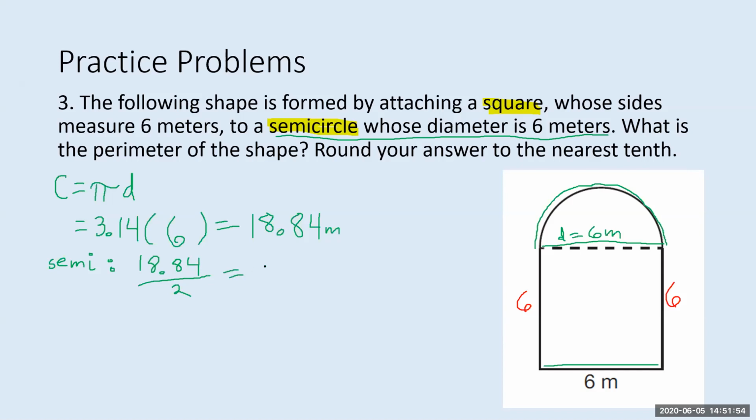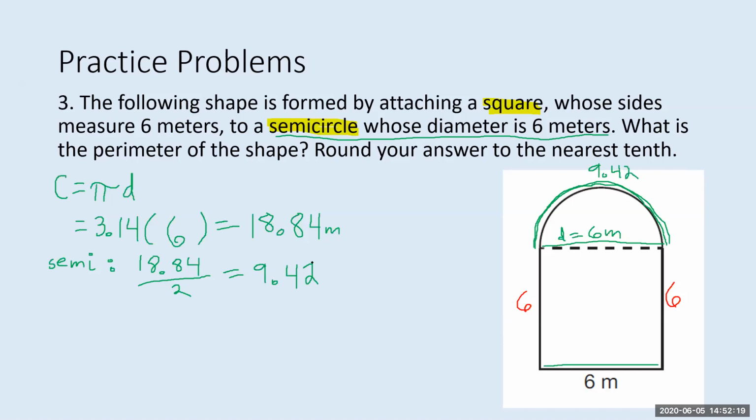And that gives us 9.42 meters. So we finally got the length of this curved side here. So the distance from here to here is 9.42 meters.